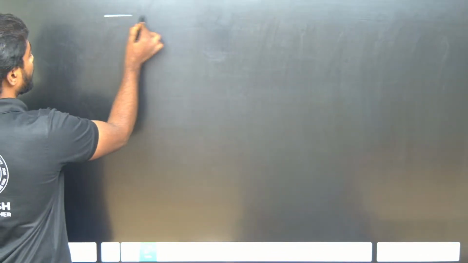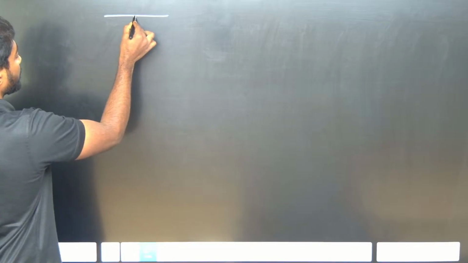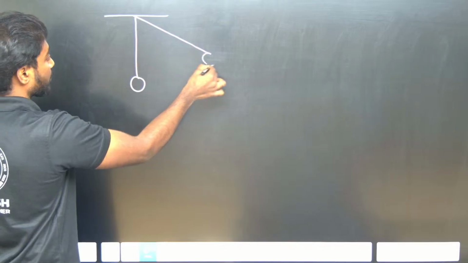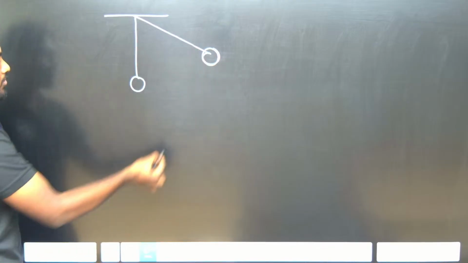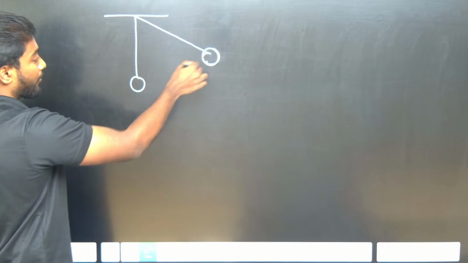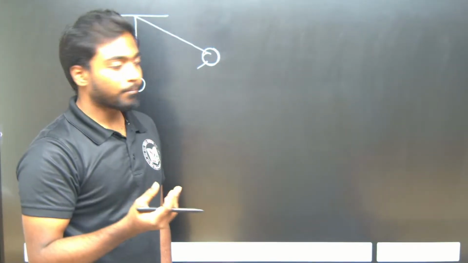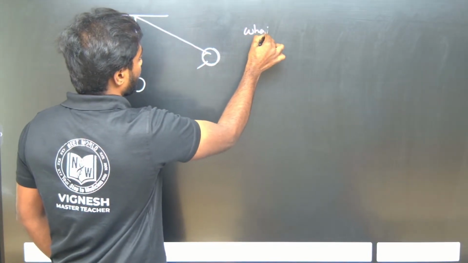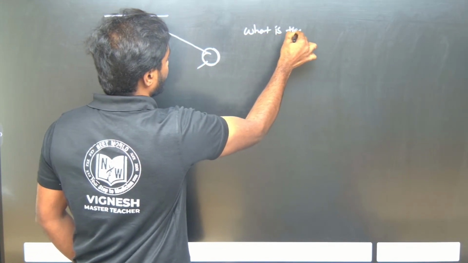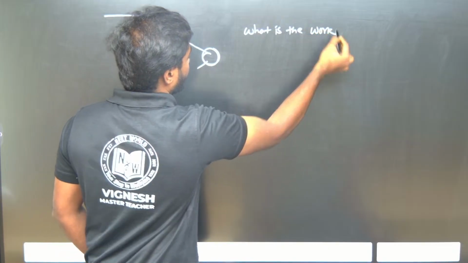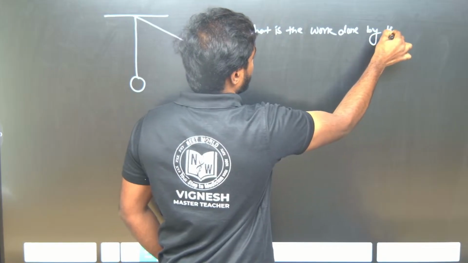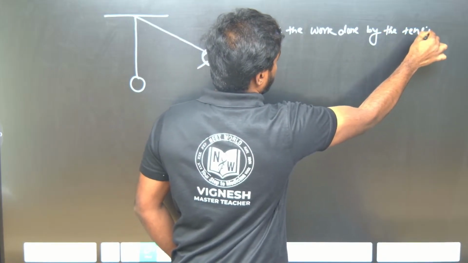Now there is a pendulum. It has been taken to the extreme position. If I take it to the extreme position, what will happen? It will oscillate, right? So what is the work done by the tension?